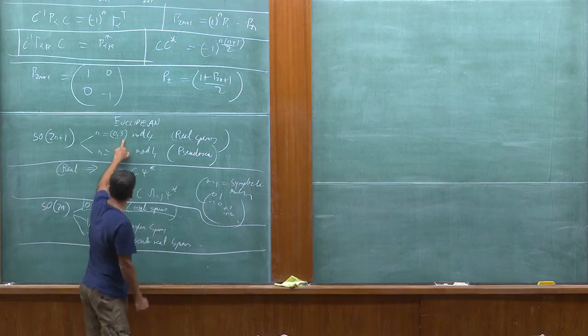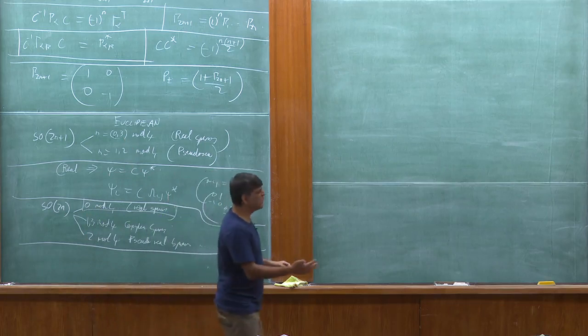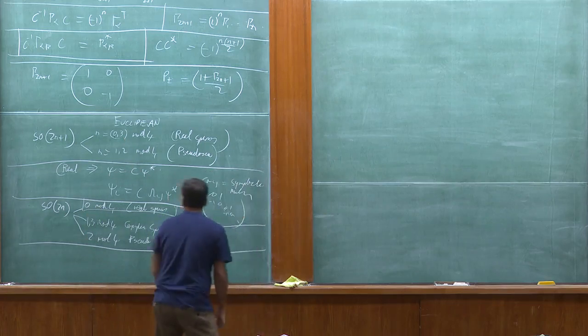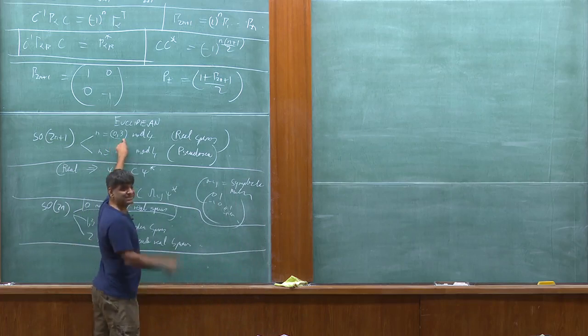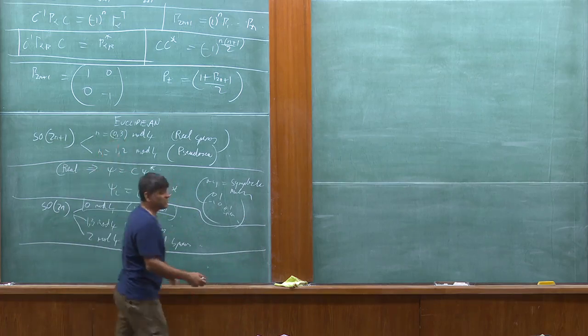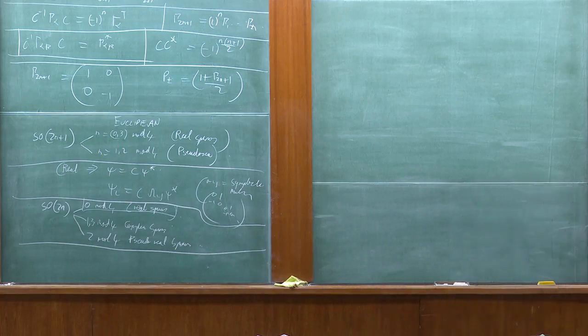Well, SO7 has real spinors, because 3 plus 1, 2 into 3 plus 1. SO7 has real spinors, and SO9 has real spinors. No question of chirality because it's odd.